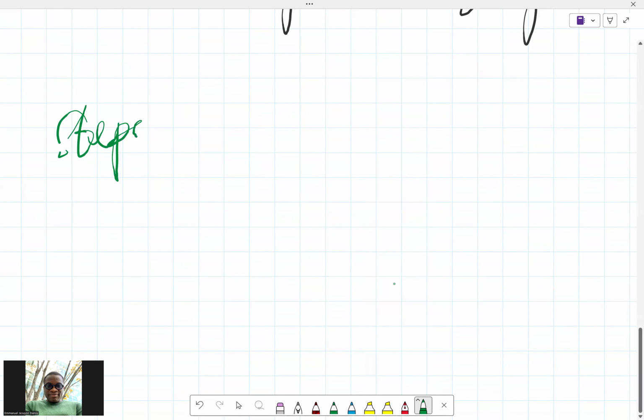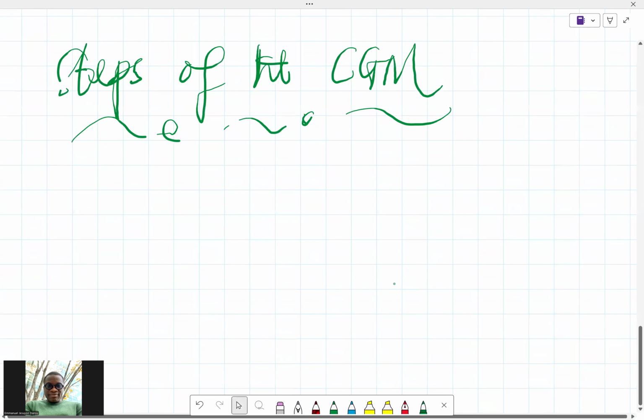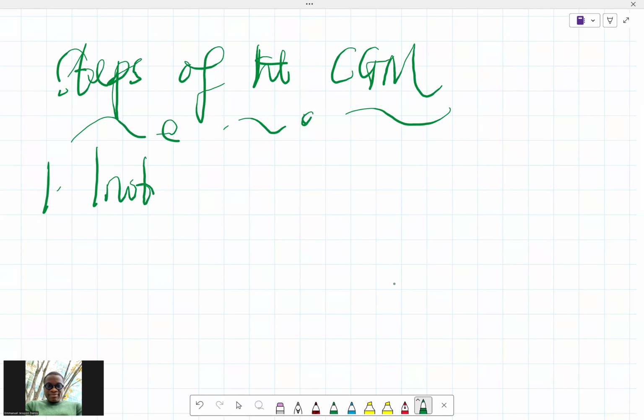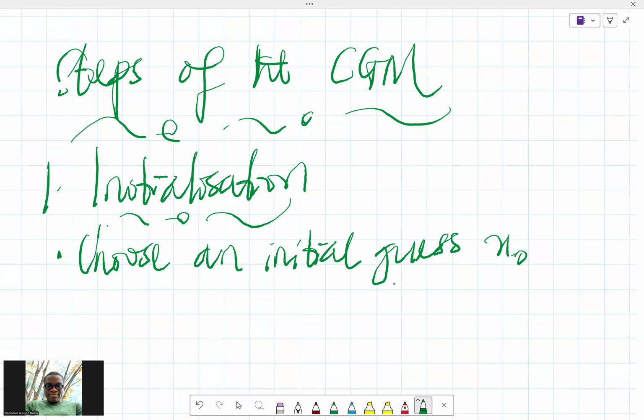So let's look at the steps of the conjugate gradient method. The first step is initialization. First of all, you choose an initial guess, X naught, and it's often the zero vector.